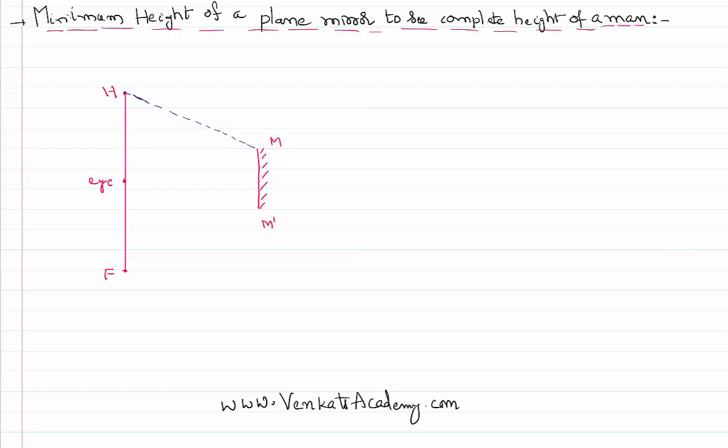It can fall within the mirror part also, need not be on the edge. Anyway, as we are calculating the minimum height of the mirror, let us assume that from the head it is falling on one end of the mirror, and then it reflects back towards the eye like this.